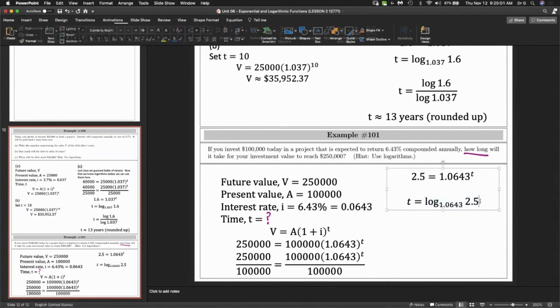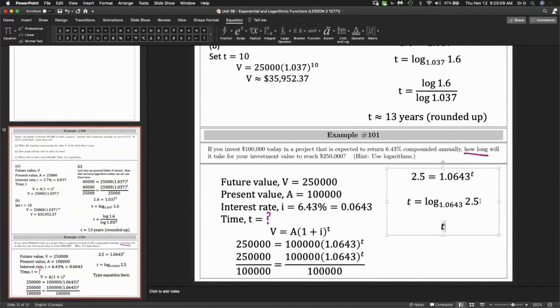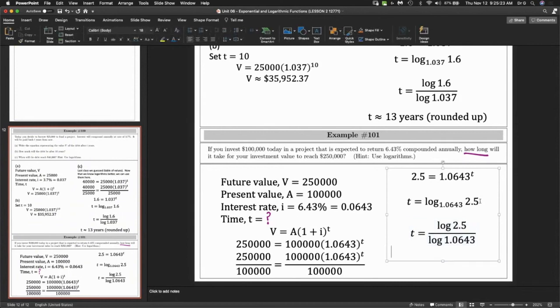And that looks like the previous one that you were asking about, Matthew. So you can try this one now. So that's log of 2.5 over log of 1.0643. Remember to round up.